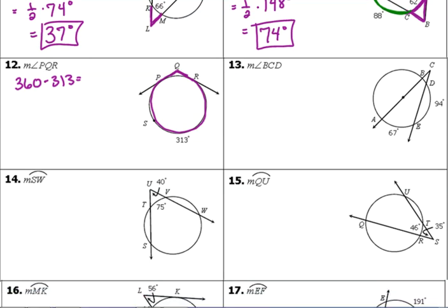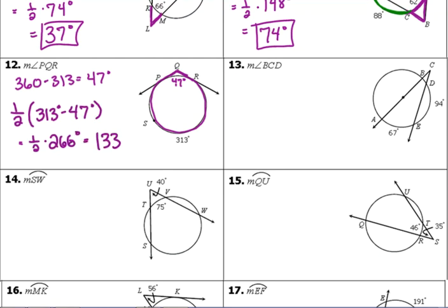That's 47 degrees. So 1/2 big minus little. That's 1/2 of 266. So that's 133 degrees.